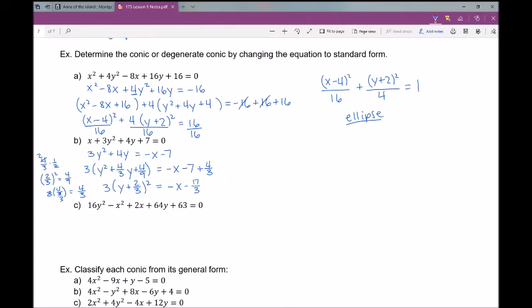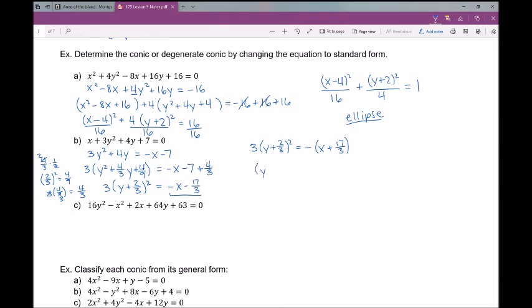To do that, the first thing I'm going to do is just factor out the negative from this right side. So we get 3 times y plus 2/3 squared is equal to a negative times x plus 17/3. Okay, and the last thing I want to do, like I said, is just divide the 3 over.